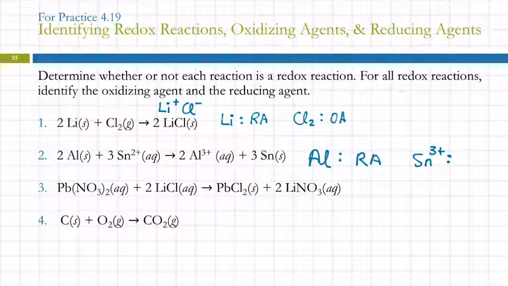Oxidation or reduction? Reduction. So if it's being reduced, it's the oxidizing agent, because it causes the other thing to be oxidized. It gets reduced, but it causes the other thing to be oxidized.